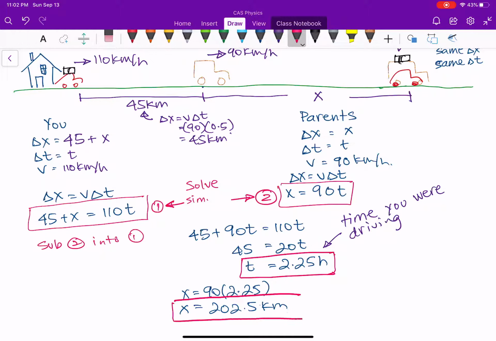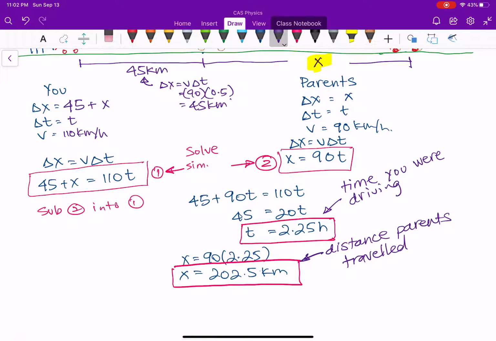Well, in this case, since we talked about x here, this is only the distance your parents traveled, isn't it? And that's not what the question is asking. This is only the distance parents traveled. And you traveled an additional 45 kilometers.